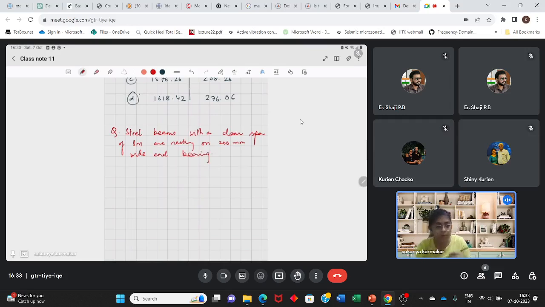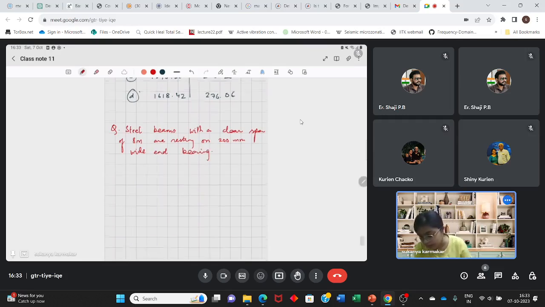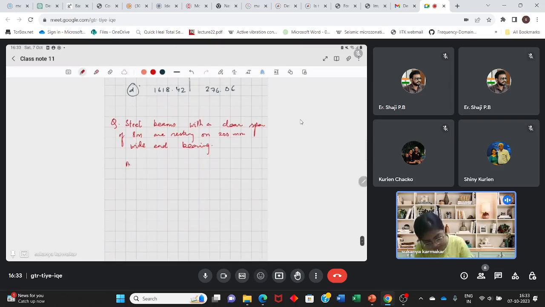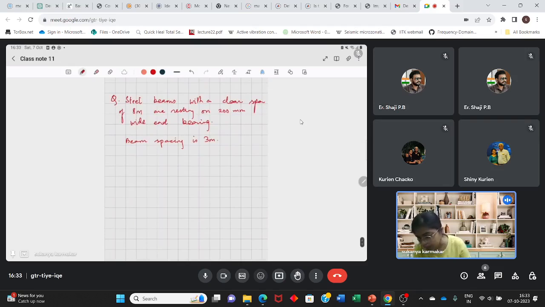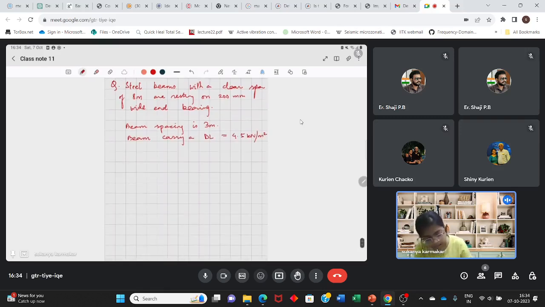This is what wants to be conveyed through the graph. Beam spacing is 3 meters. And beams carry a dead load of 4.5 kilonewton per meter square, and this is including the weight of the section.